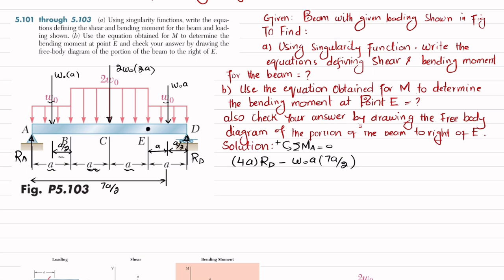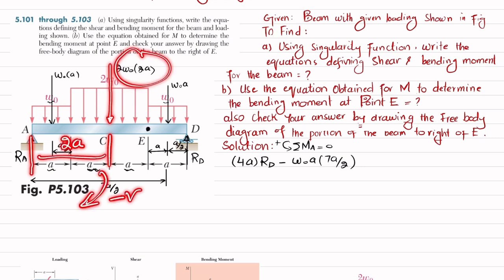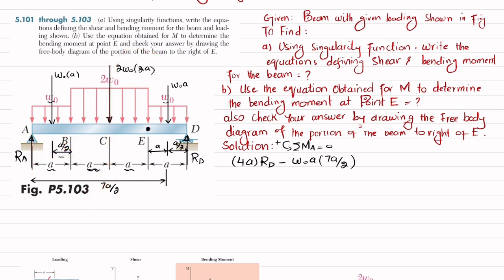The next moment is from the 2W naught load, the perpendicular distance is 2A, and this is also clockwise, so it will be negative. So I will write minus 4W naught A into the perpendicular distance 2A. And the last force producing moment about point A is W naught into A, with perpendicular distance A by 2, and this is also clockwise.